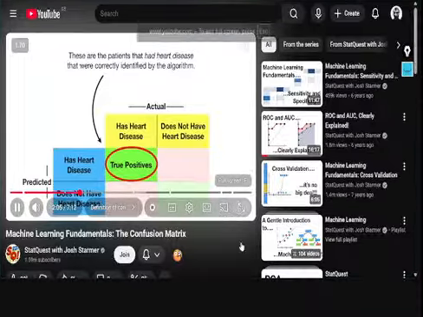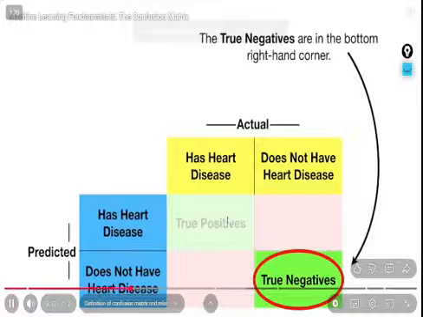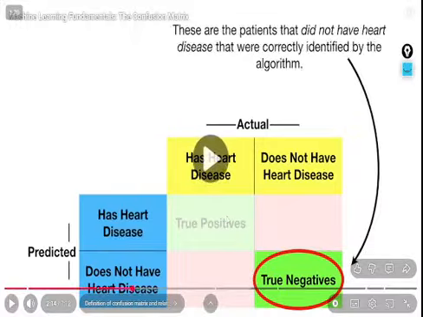These are patients that had heart disease that were correctly identified by the algorithm. The true negatives are in the bottom right-hand corner. These are patients that did not have heart disease that were correctly identified by the algorithm.